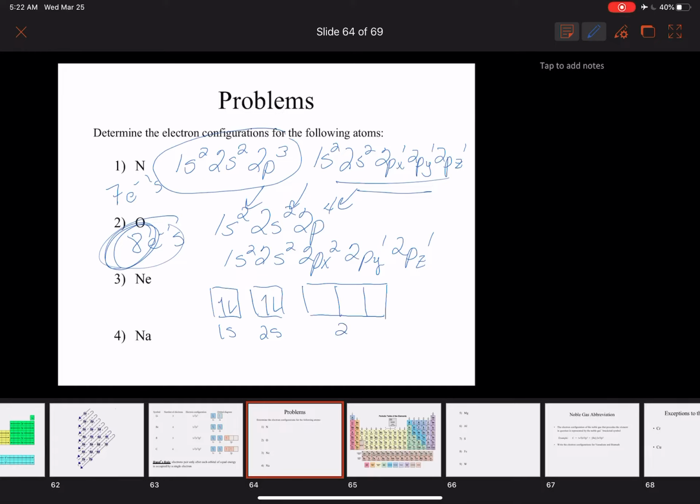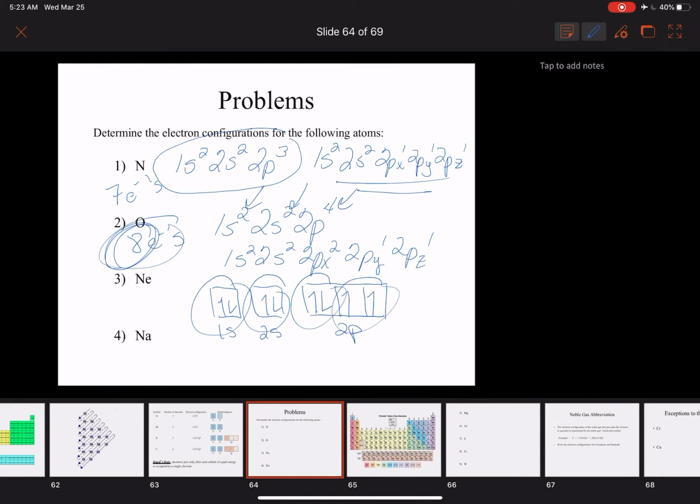And we could just put a 2p down there, or again, you could put 2px, 2py, and 2pz, and we'd say that we're going to give each of these 1 to follow Hund's rule, and then the very last one, the 8th one, goes right there in that first one. Alrighty, so that would be the orbital box diagram for oxygen. So we've got 2, 4, 6, 8 electrons there.